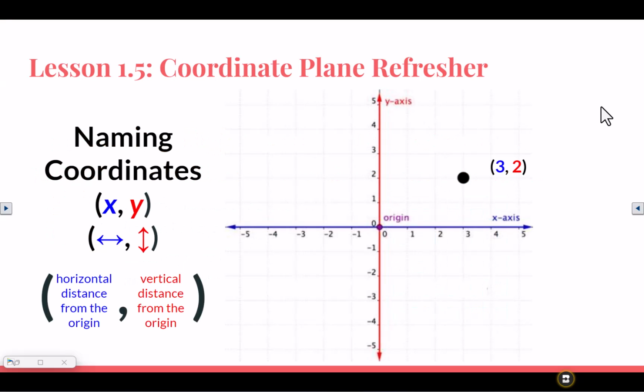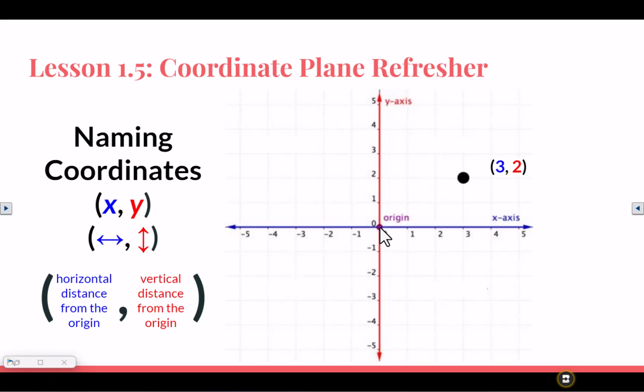So if I have a point like this one over here, the coordinate 3, 2, to plot that point on a coordinate grid, I have to start where these two number lines, the x-axis and the y-axis, intersect at the origin. That first number, 3, is the x value, and it tells me how far left or right I'll need to go on the x-axis.